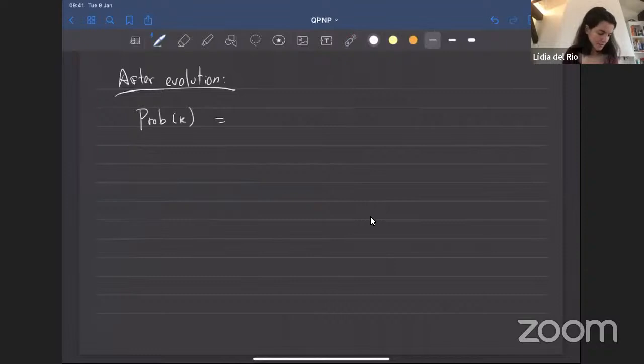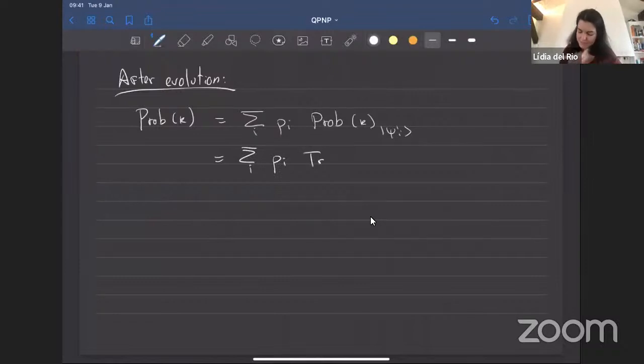So then this is the sum over i, p_i, times the probability of getting outcome k for each of these states psi i prime, right? And this, we'll just do it. Sum over i, p_i, and now here comes the trace. This is one way to do it. You can also try to use the density matrix directly here. Let's not do it. Let's do it properly. So psi i prime. Good.